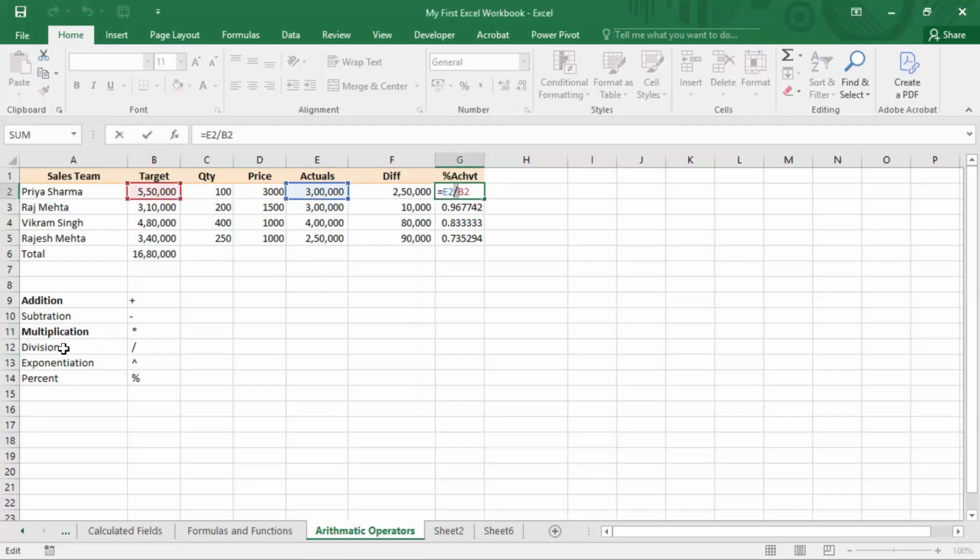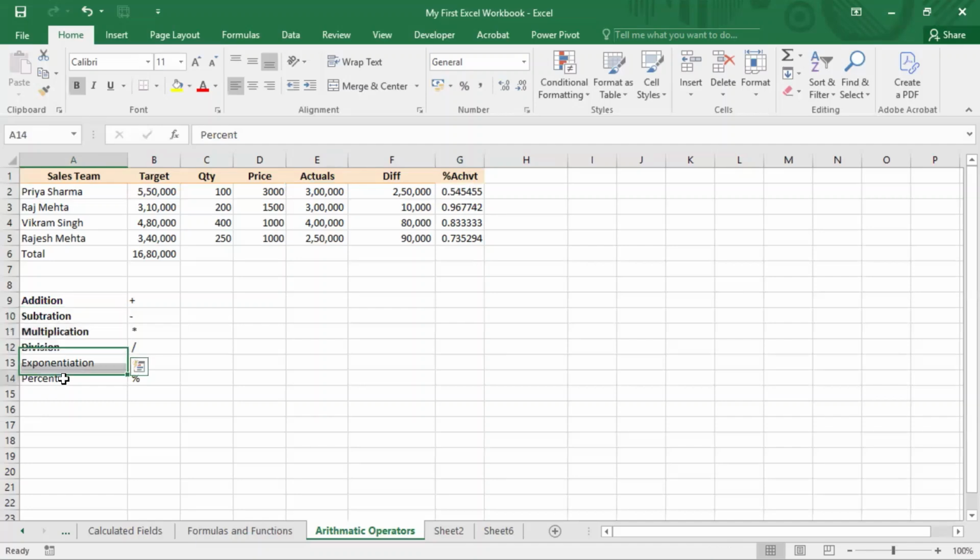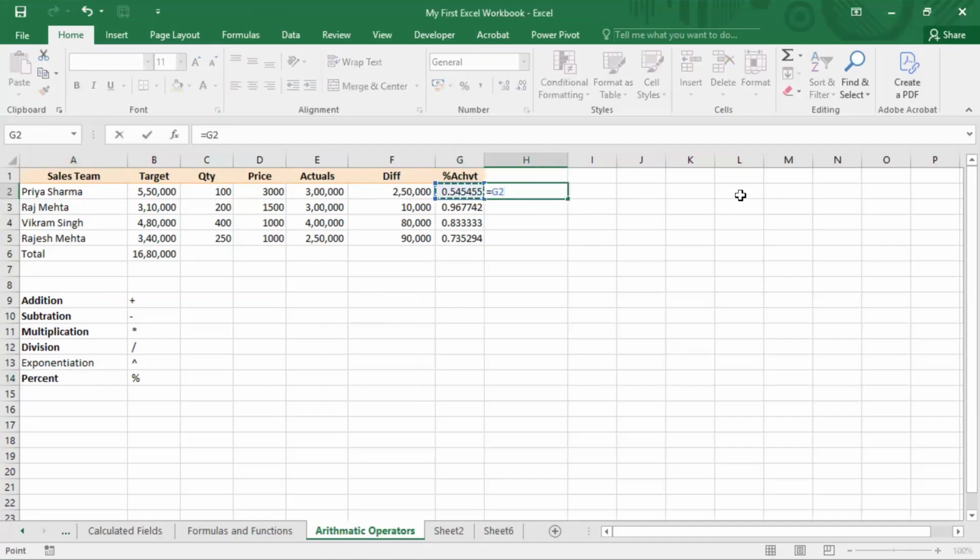The next thing that we would like to see is the percent. Now, to get a percent of a number, you can type an equal to sign, the number, followed by the percentage operator. Like if I want to get a percent of this, I'll say equal to this and the percent symbol to get the percent.